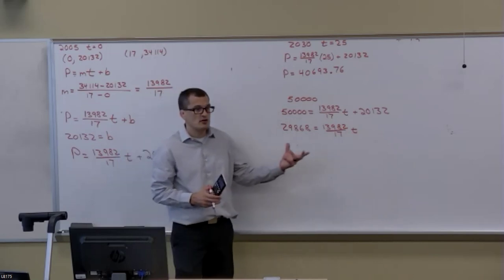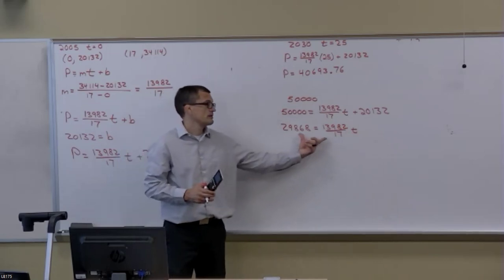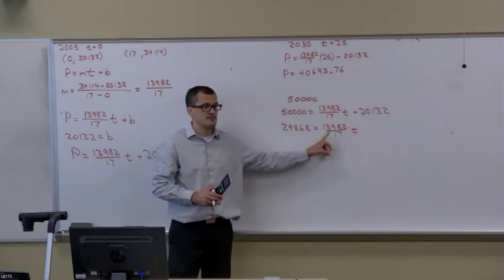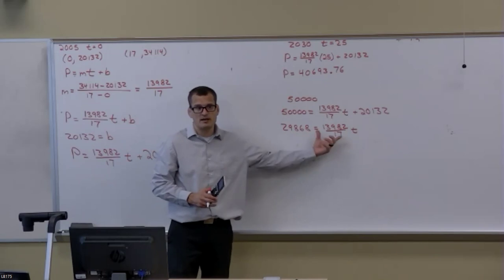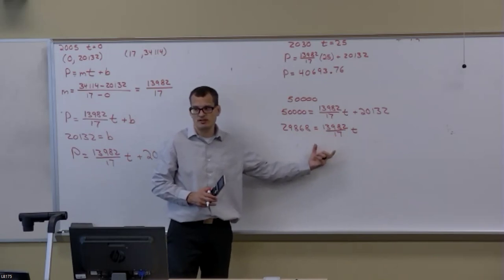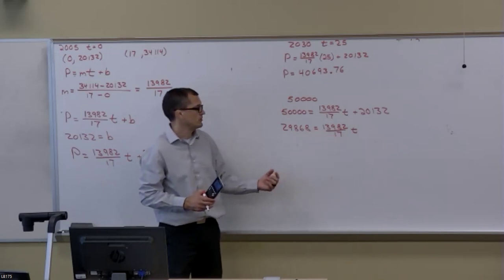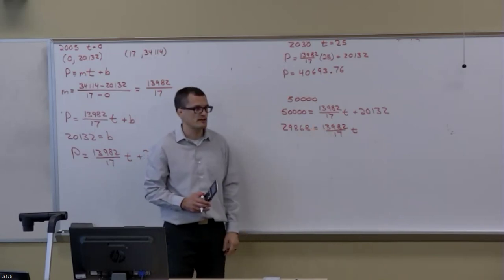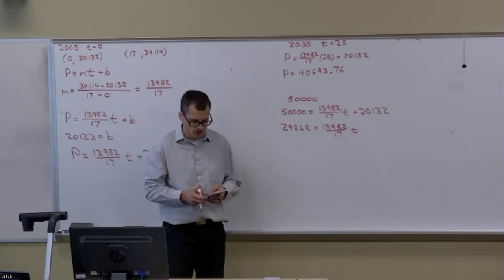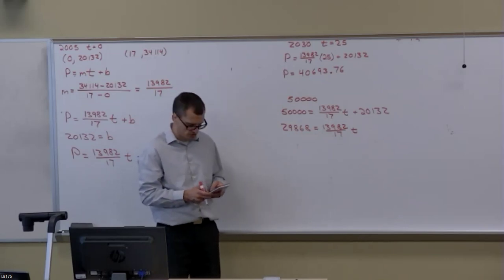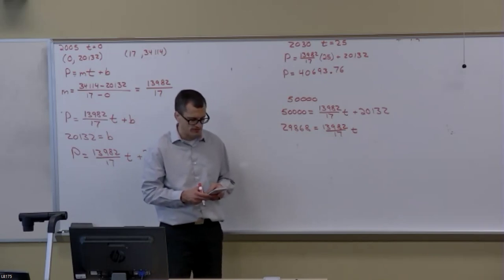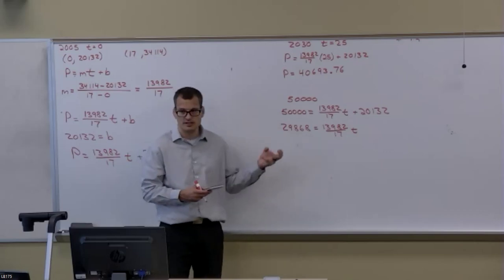And then when you're solving this, you can do one of two things. You can divide by this entire fraction in parentheses, or you could multiply by 17 and then divide by 13,982. So I'm going to multiply by 17 and then divide by 13,982.